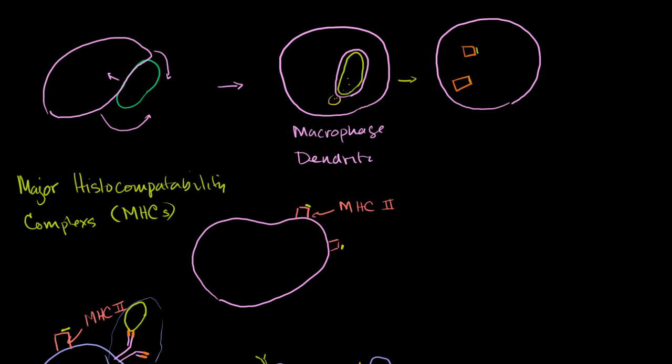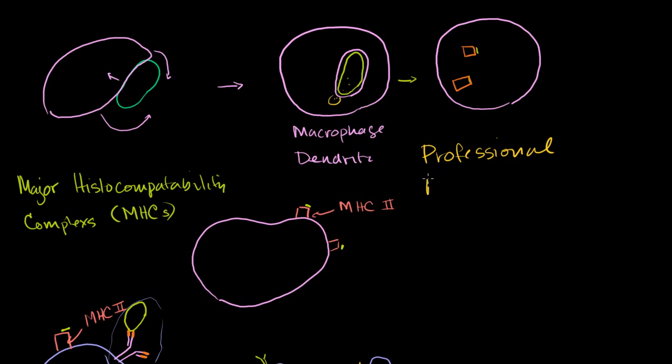So cells that do this are called professional antigen presenting cells. Professional. This is what they do for a living, although they do other things, as we've seen. The phagocytes eat things. The B cells generate antibodies or memories so that they can later be activated to generate antibodies.